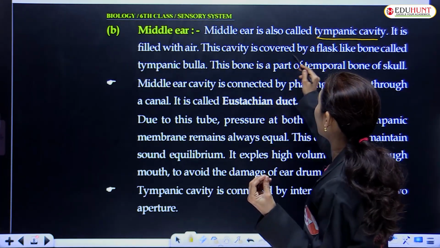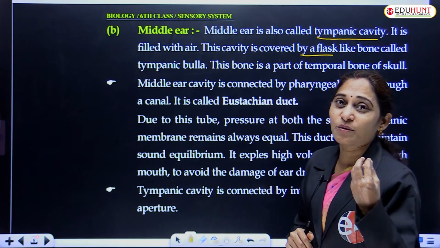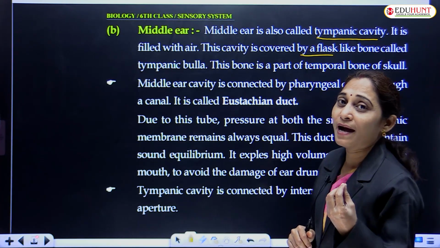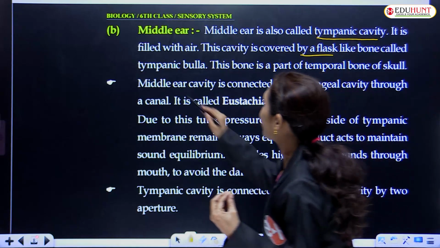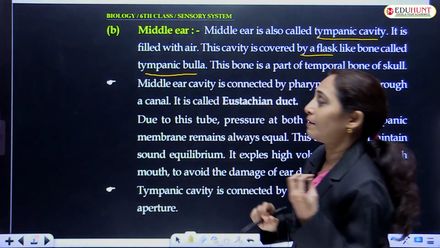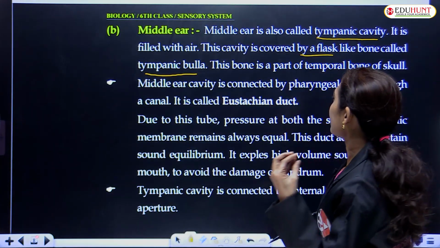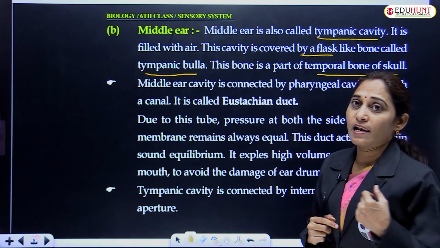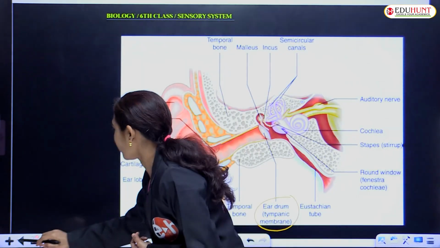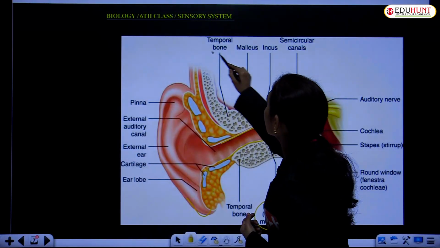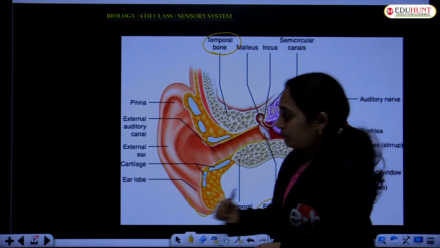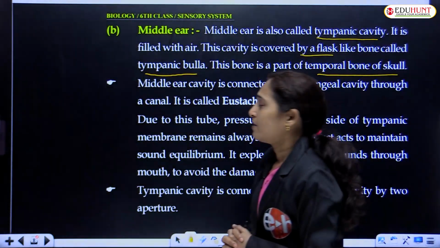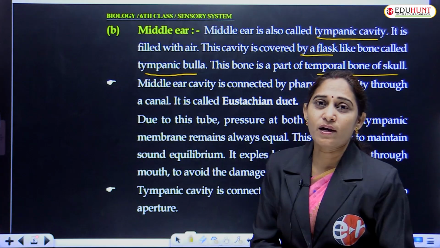It is covered by a flask-like bone which is called the tympanic bulla. This bone is the temporal bone of the skull which we have seen in the picture, the part of the temporal bone called the tympanic bulla.